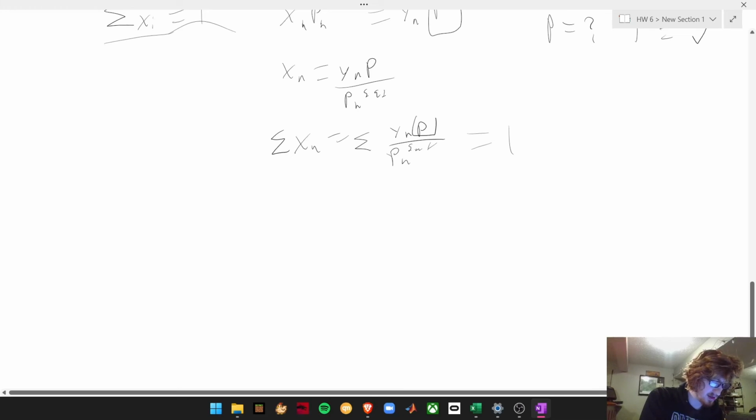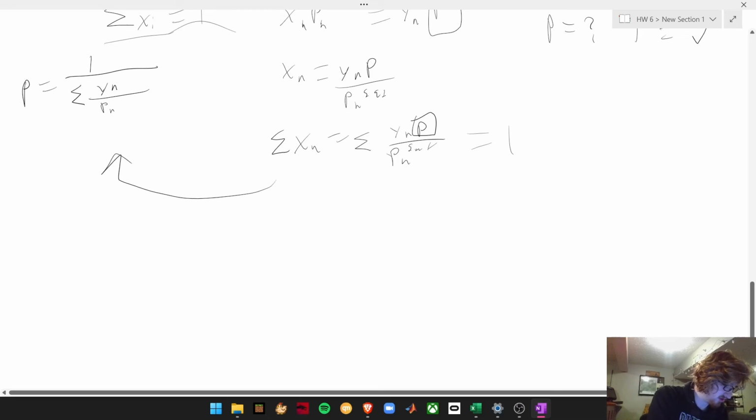So to solve for P, our total pressure, all we need to do is, actually I'll do this over here because I have a bit of blank space. And this is going to be our final equation. P is going to be equal to 1 over the sum of y_n over the saturation vapor pressures. And this is our dew pressure.